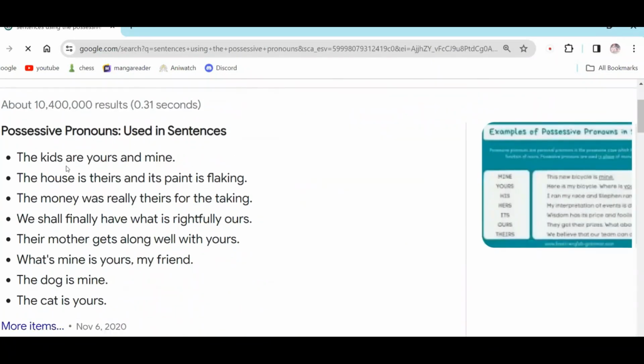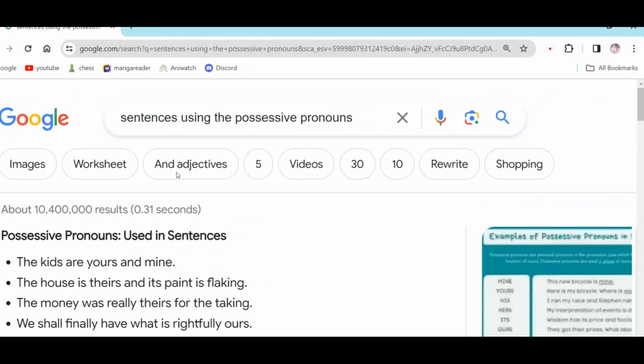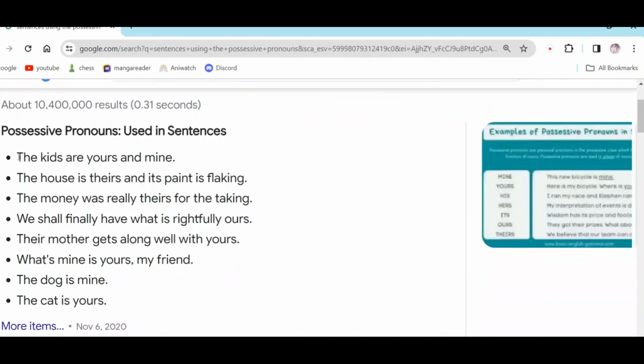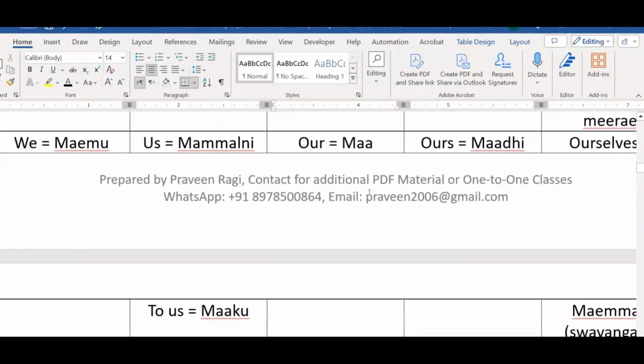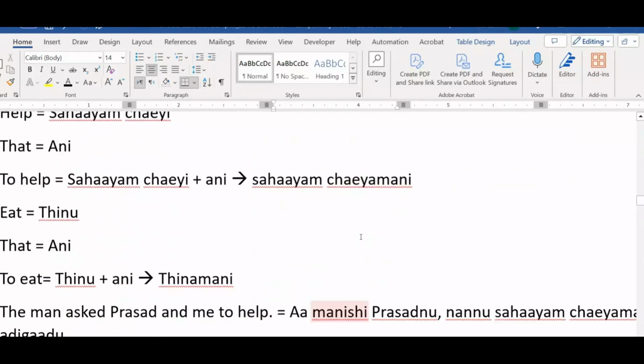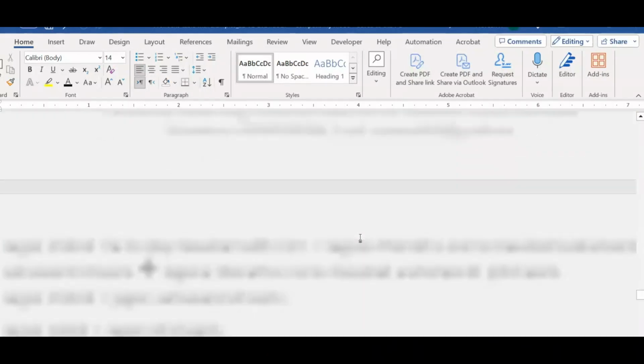Possessive pronouns. The kids are yours and mine. Here we have all random sentences, not only my. Let me write here.